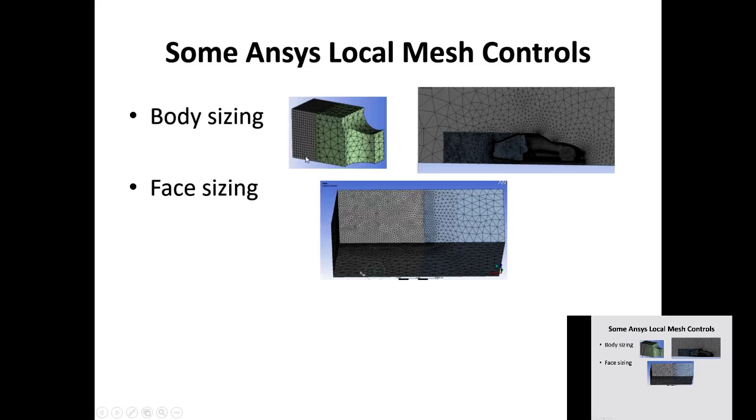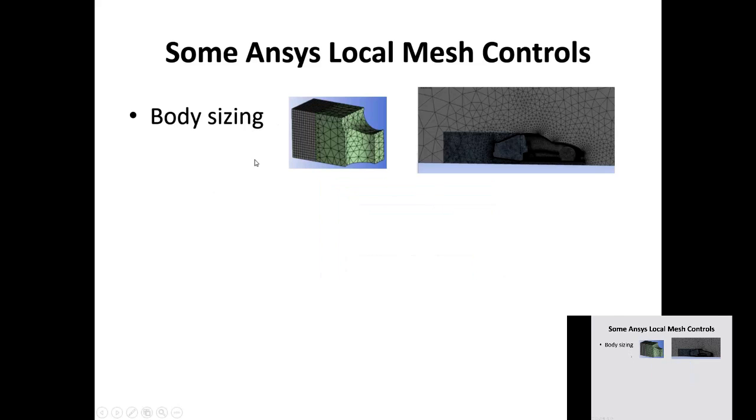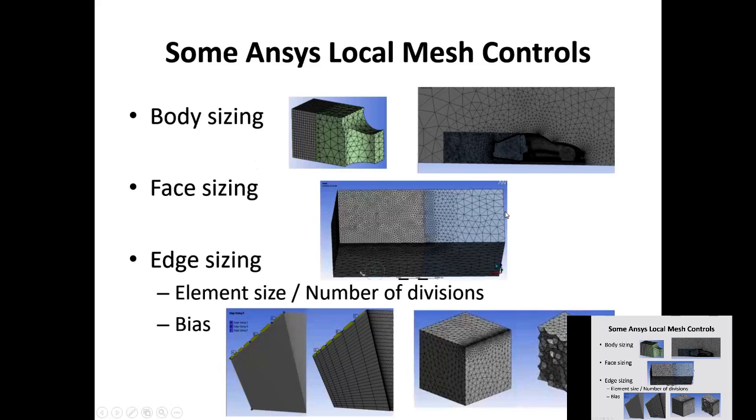In here you give a number of cells fixed within the body, okay? And then you can have face sizing and edge sizing. When you do face sizing, you define the number of cells on that face, and edge sizing is you define the number of cells along an edge.